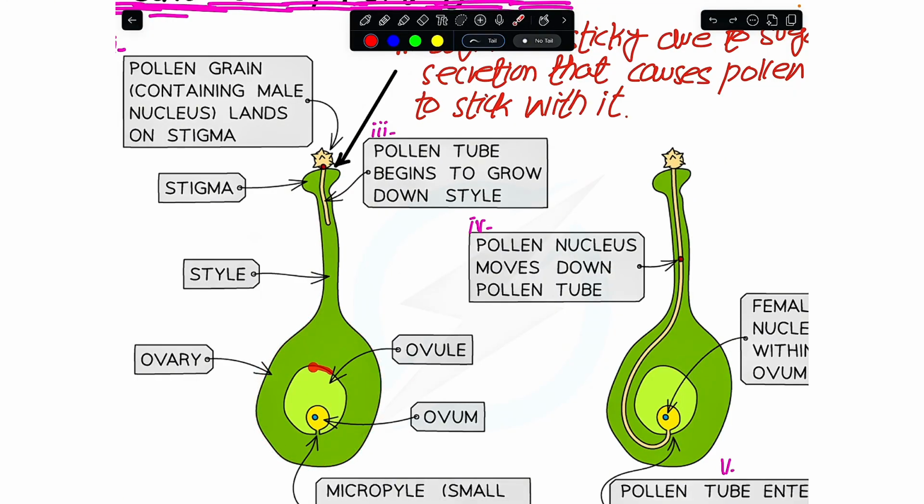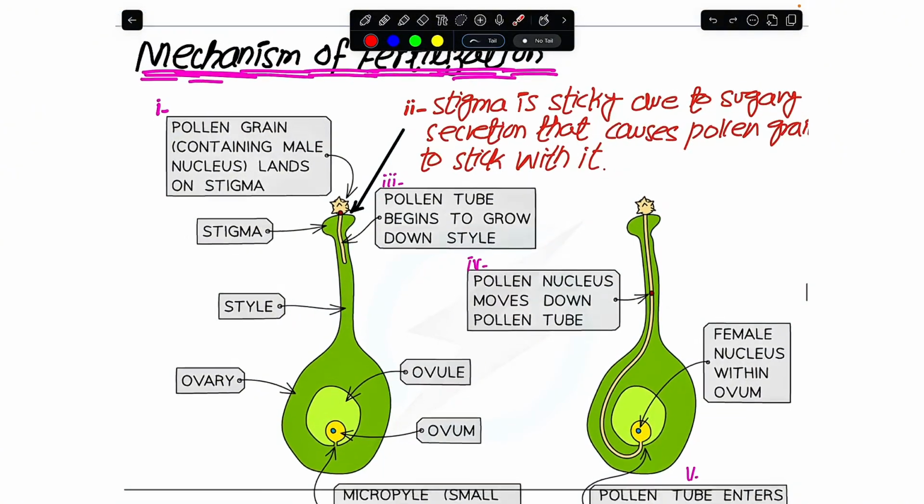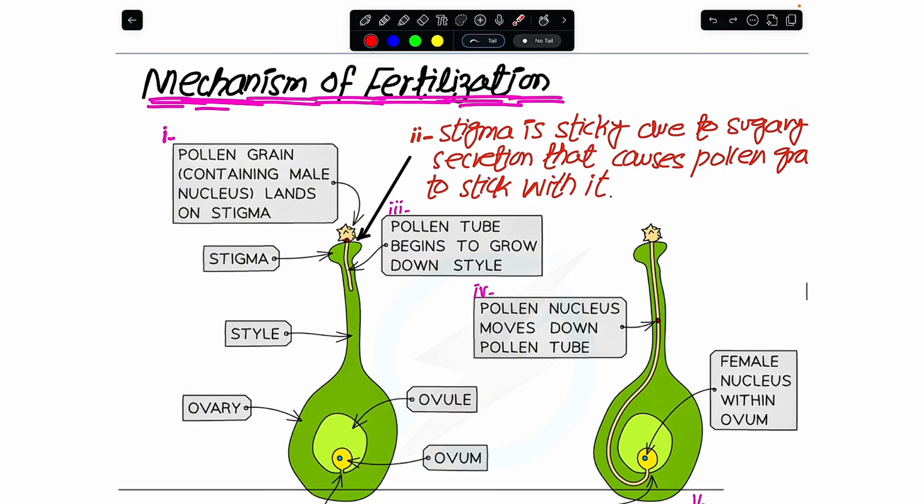Within the ovaries, we have the ovule, and in the ovule, we have this ovum that would have the female nucleus in it. And here, we have got an opening at this point, and that opening would go with the name of micropyle.